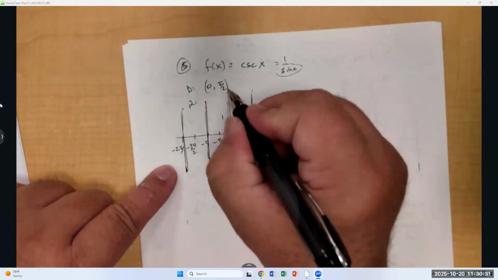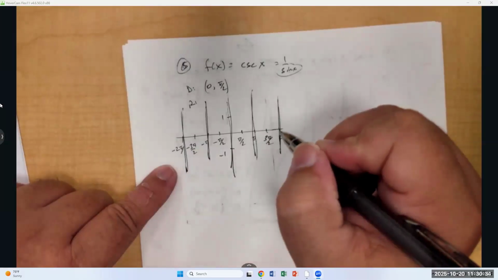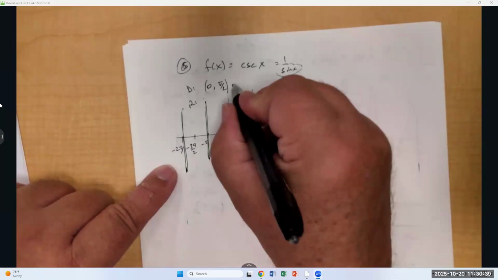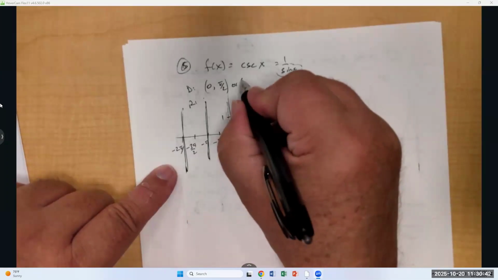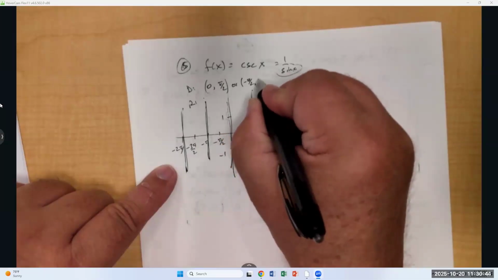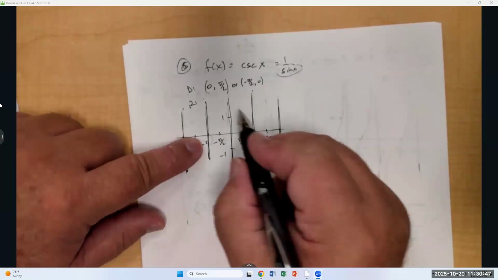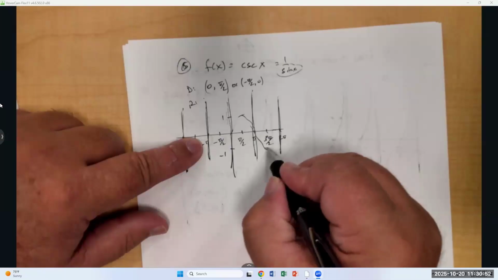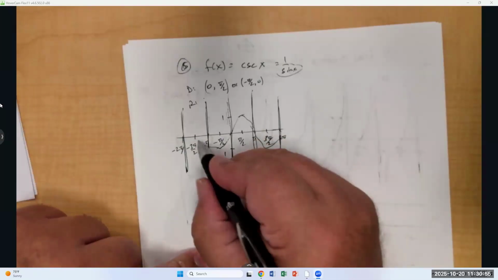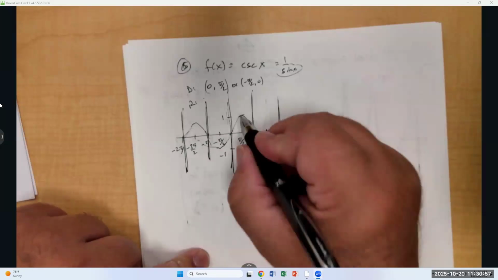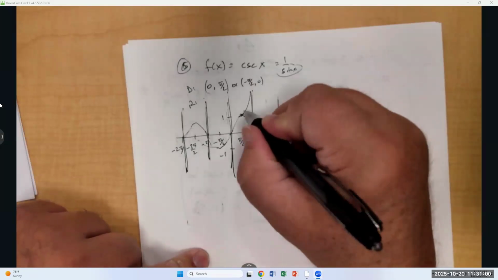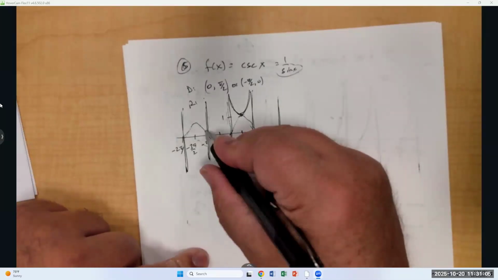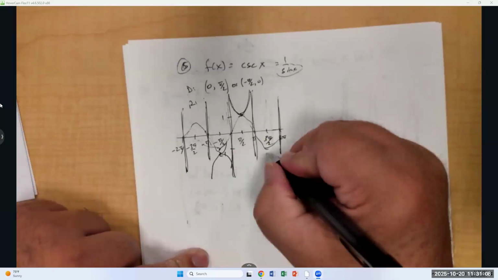And the range, for the negative side, we're going from negative pi over 2 to 0. If it's on the negative side, we draw the sine function. So the cosecant function looks like this. It starts from the vertex and it goes the opposite direction.